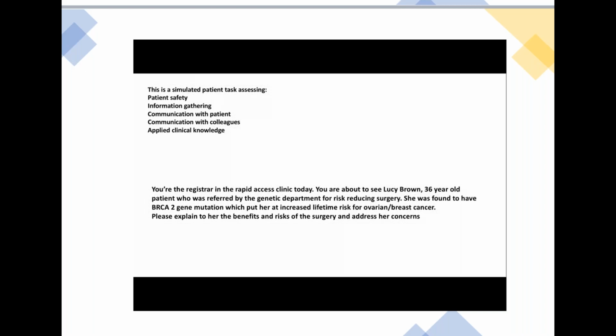Okay, so the risk reducing surgery is recommended when the lifetime risk of ovarian cancer is more than 20%. Okay, and she has to complete her family first.